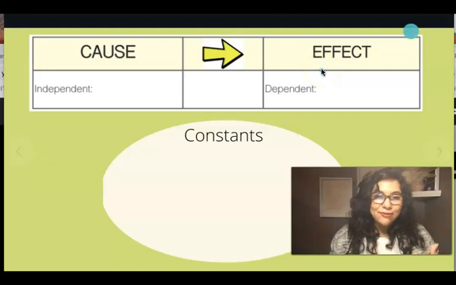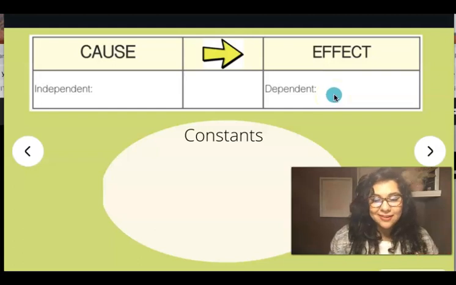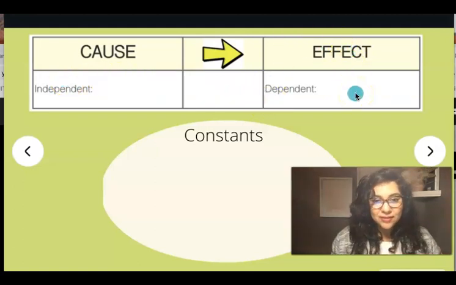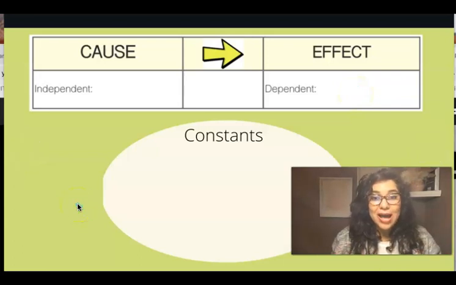So usually I refer to it as the data, all right? So once again, cause, independent variable, and effect, dependent variable. I've also added constants, which are things in our experiment that stayed the same in order for the experiment to be fair.